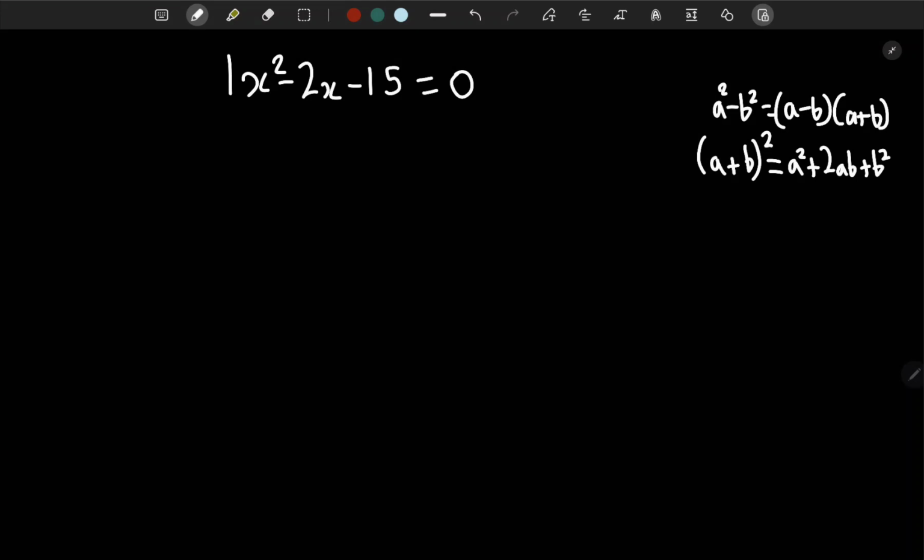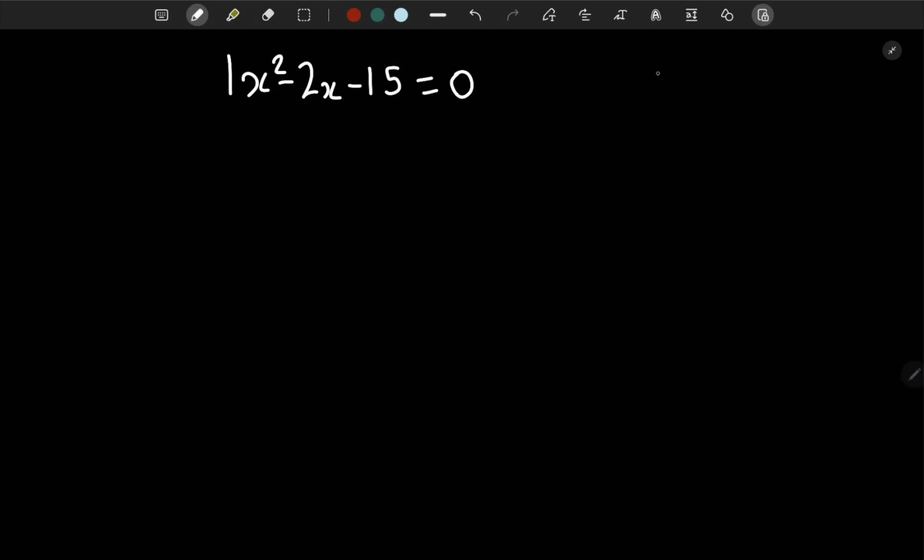Now, what if we have a trinomial? The most important thing is to see if the coefficient of x² is 1 or something else. When it's 1, we can use a very simple method, which is as follows. What two numbers multiply to negative 15 and add up to negative 2?